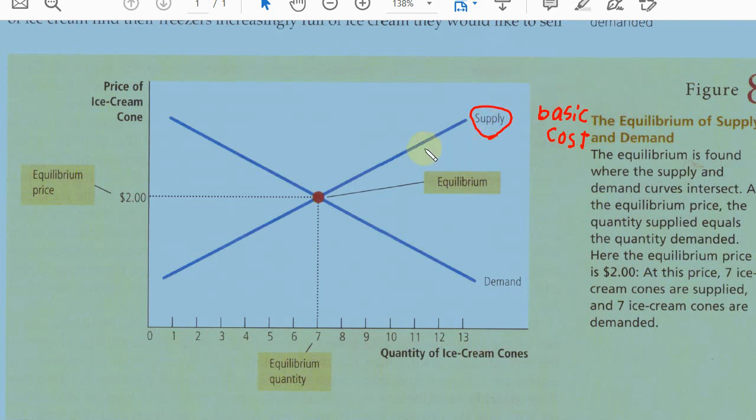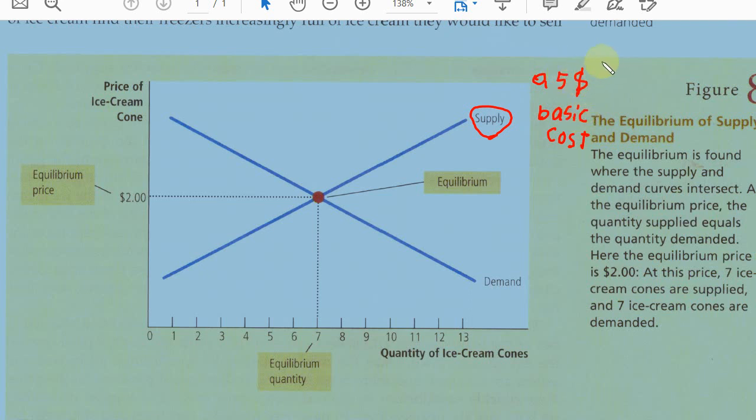In the case of ice cream, let's assume the ice cream's basic cost is $0.5. This is just an assumption.